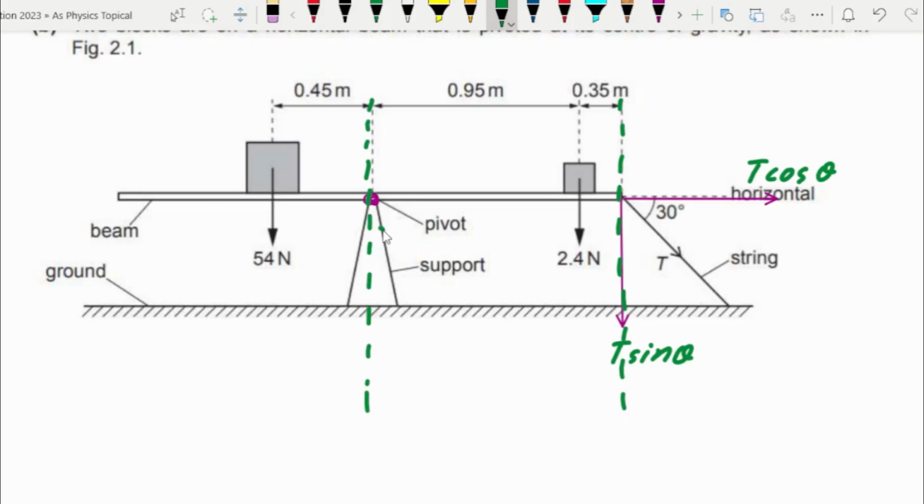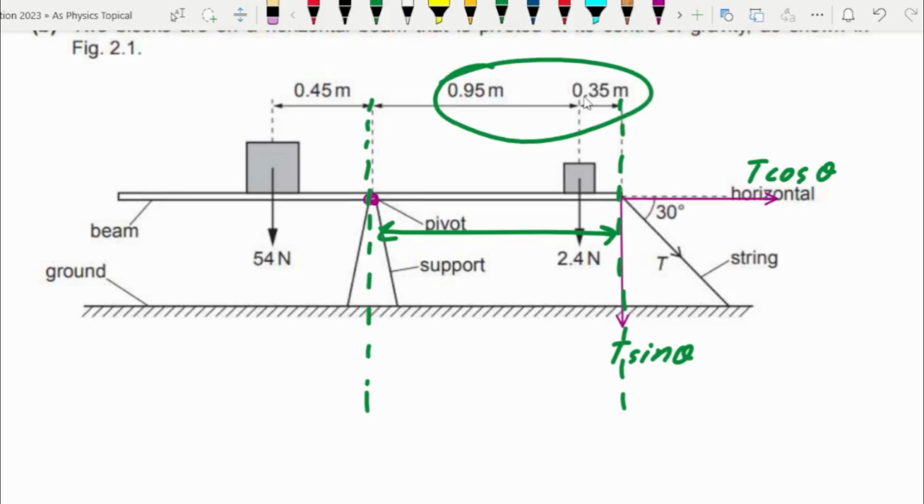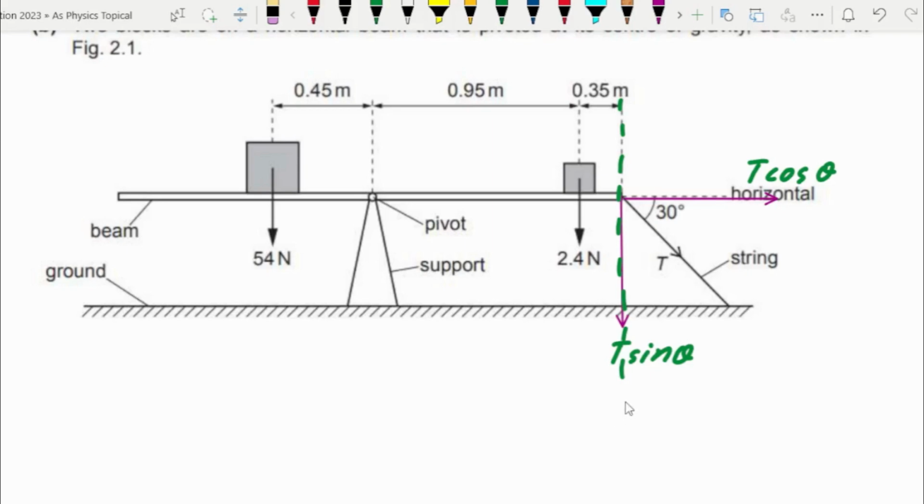If we consider the downward force T sine theta, then we have its perpendicular distance from the pivot, which we can find by adding these two. So we take the downward component for the calculation of moment. Once again that component is T sine theta, which means T sine 30 because the angle is 30. Sine 30 is 0.5, so it is 0.5 times T.